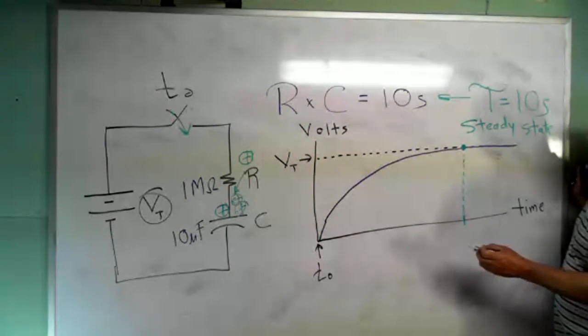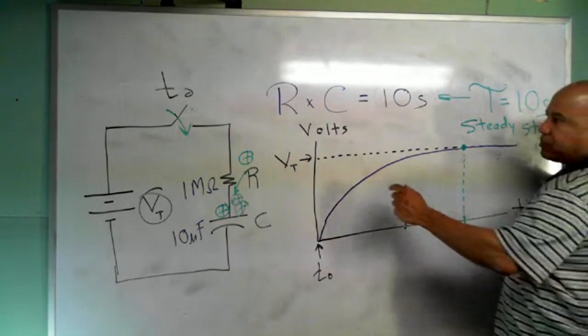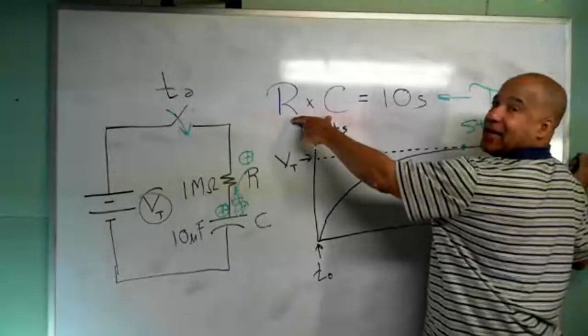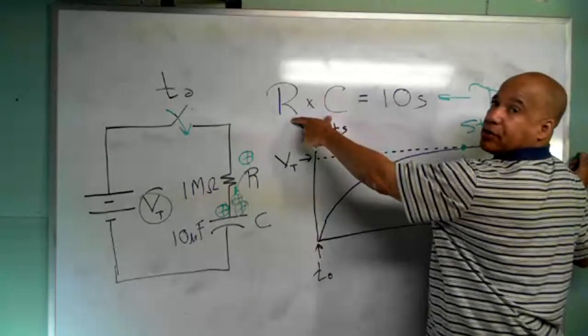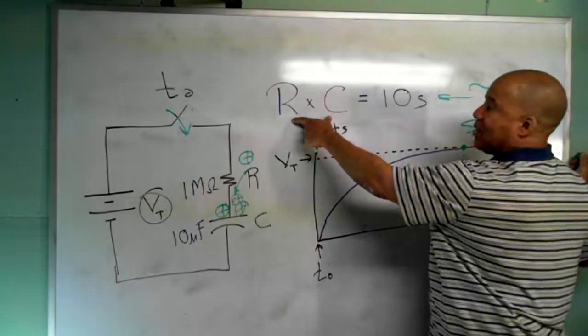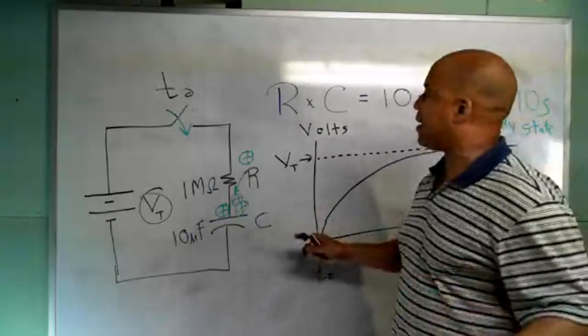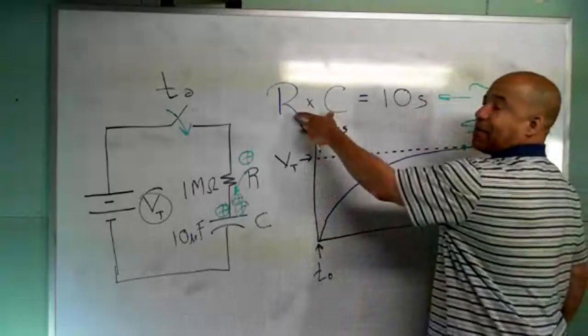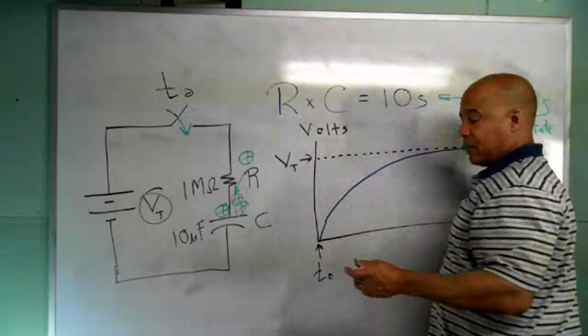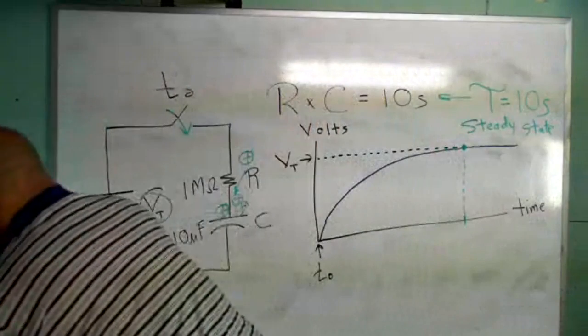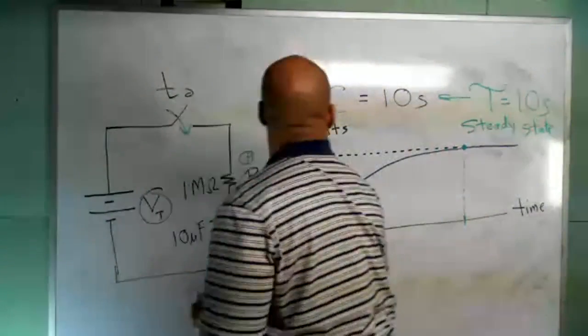But if I drop a line down here, what happens is for any kind of capacitor, it takes 5 of these to completely charge. And I want to say that a second time. For any capacitor, I don't care what value I have here, it doesn't matter. It's going to take 5 time constants to fully charge. So let me show it like this.